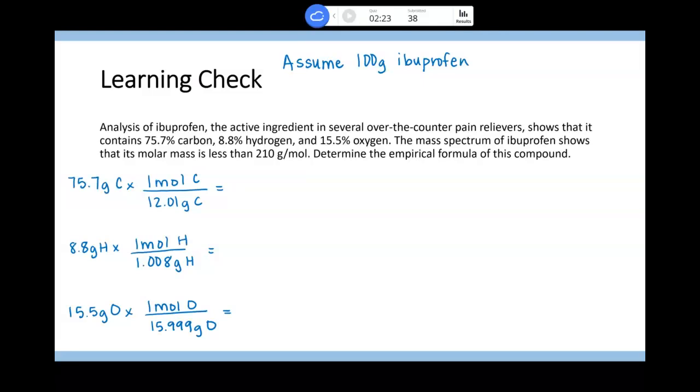And we get the molar ratio of all three atoms in ibuprofen. So this is 6.303 mole carbon, 8.730 mole hydrogen, and 0.968 mole oxygen.